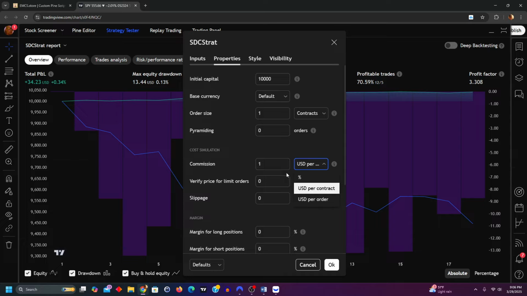because for this, in this particular use case of this strategy, trading the SPY, we use options, right? And so generally per contract, options contract, we're paying about a $1 commission to both buy and sell that contract, right?